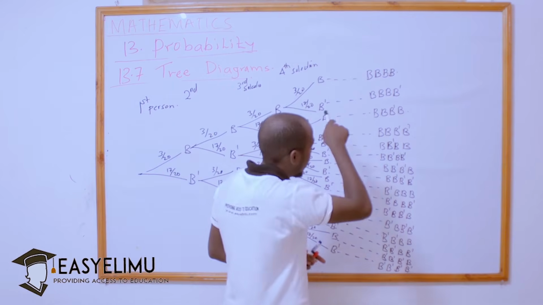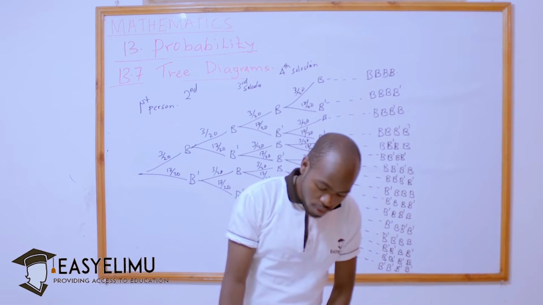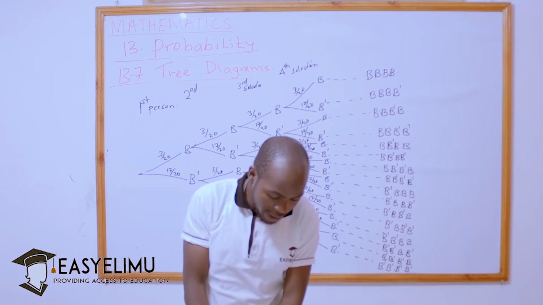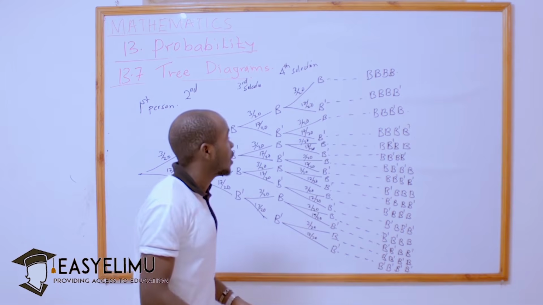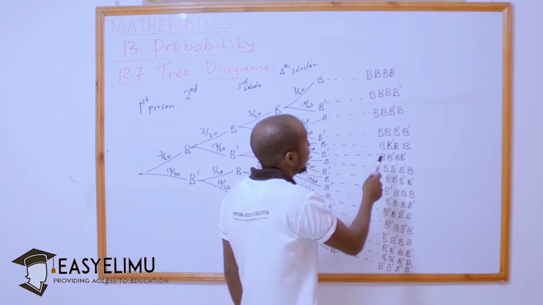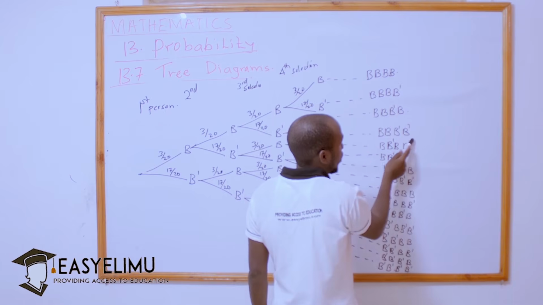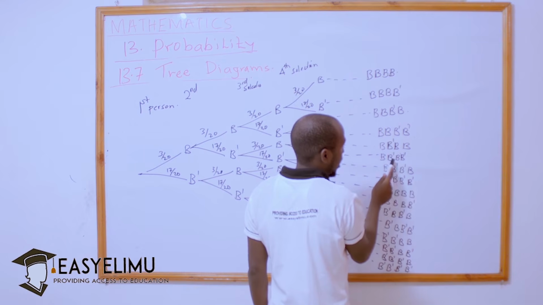These are the given sample spaces, and from there you need to calculate the probability that 2 people are bald-headed. If 4 people are selected, you find those sample spaces with 2 people bald-headed, like this one. We have another one here.